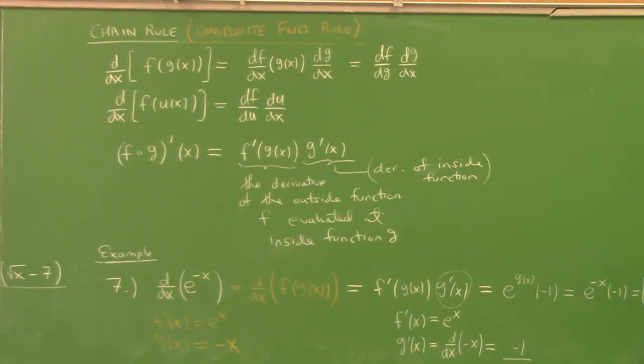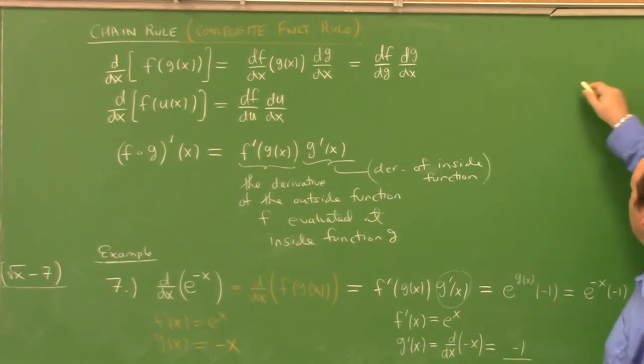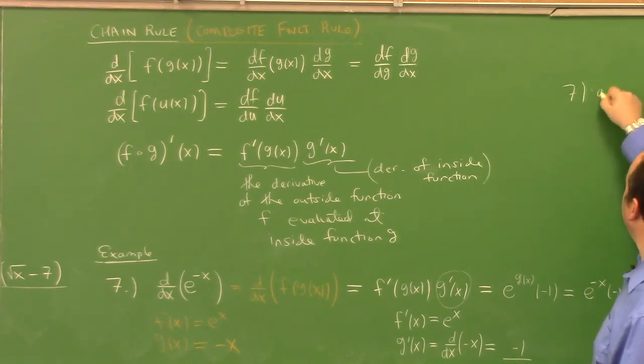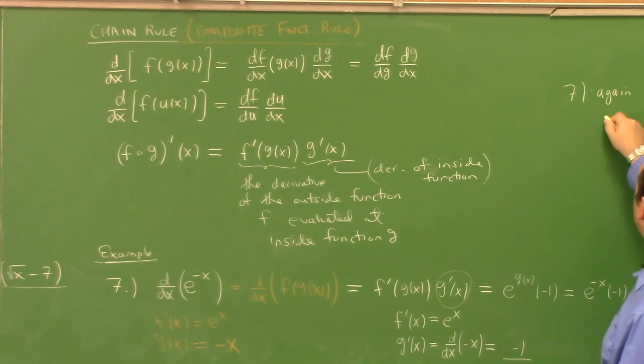I think a much better strategy of notation when you're starting to learn is saying u equals something and working like that. So let me do the same example again, but in the u notation. I'm looking at d dx of e to the minus x, so that's d dx of e to the u, where I'm letting u equal minus x.